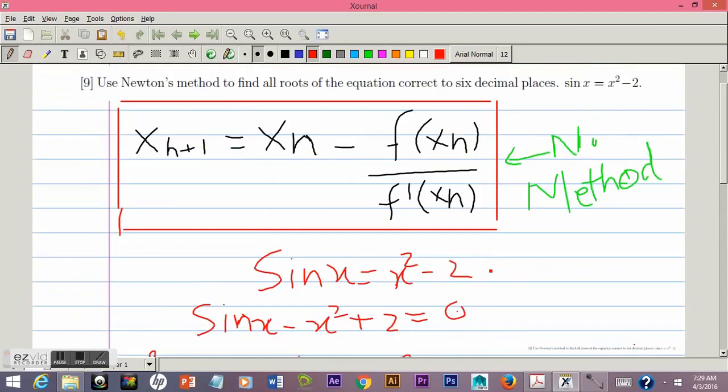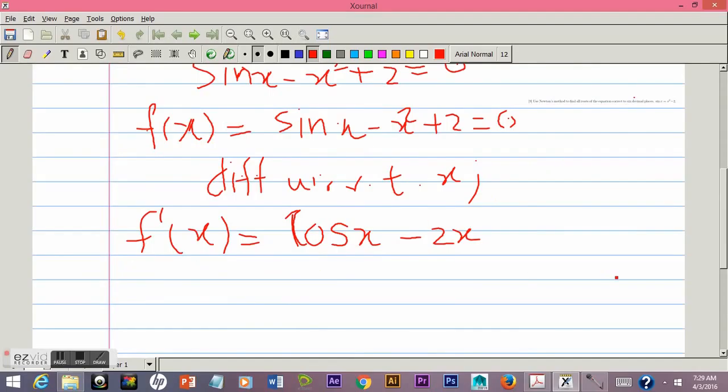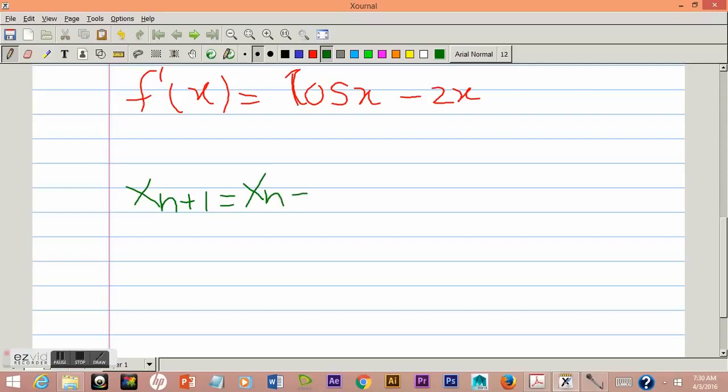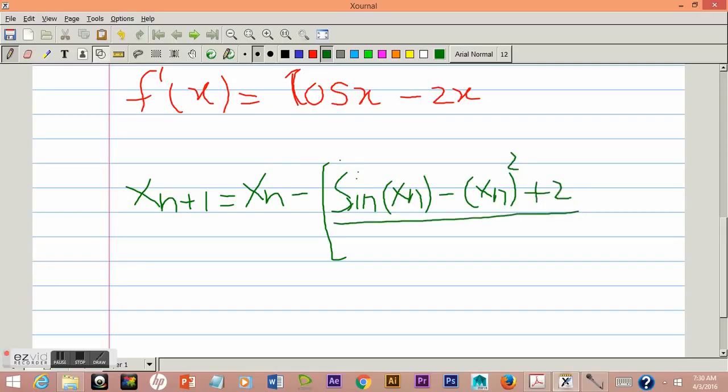Then we can go like this: x n plus 1 will be equal to x n minus sin x n minus x n squared plus 2 over cosine of xn minus 2 xn.